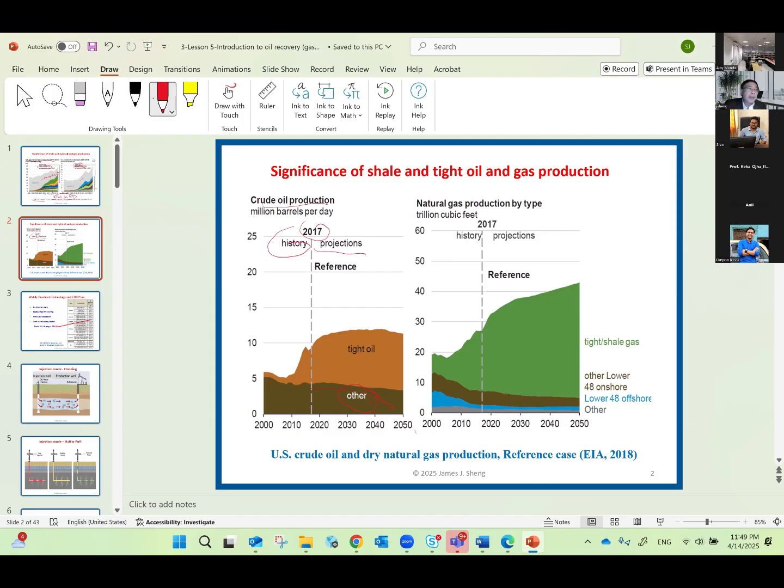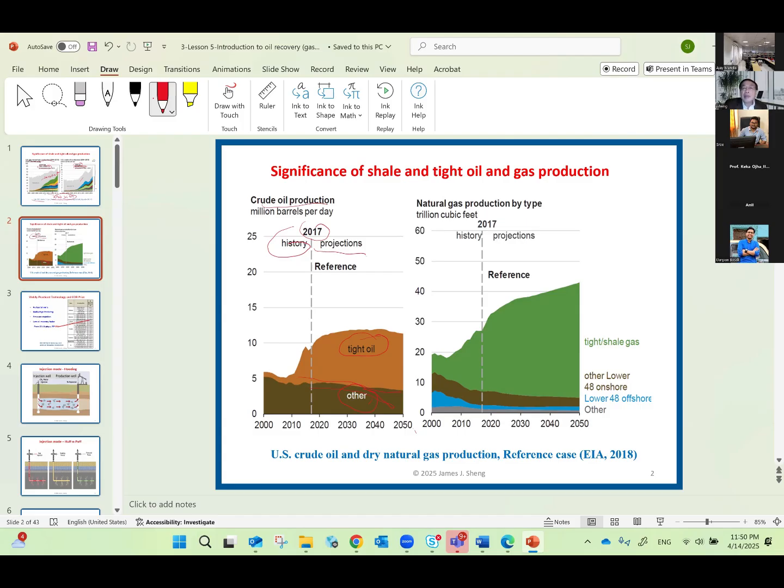It can be understood because if you do not have new big oil fields, then the oil production from existing fields will decline. But we have more tight reservoirs, so oil production will increase with time.